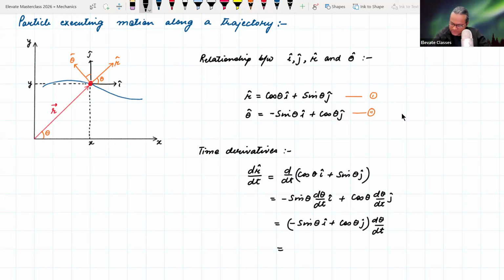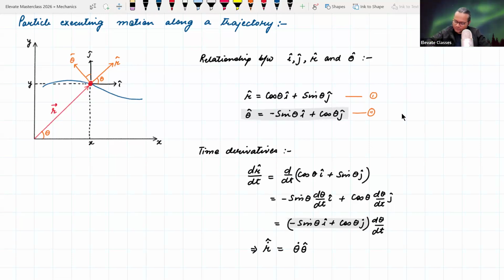What is this? Minus sine theta I cap plus cos theta j cap is nothing but theta cap. So r cap dot is equal to theta dot theta cap. Tell me, yes or no?